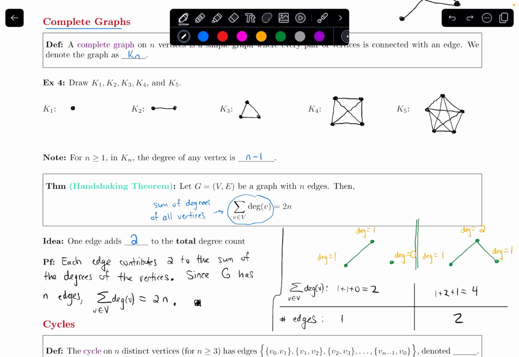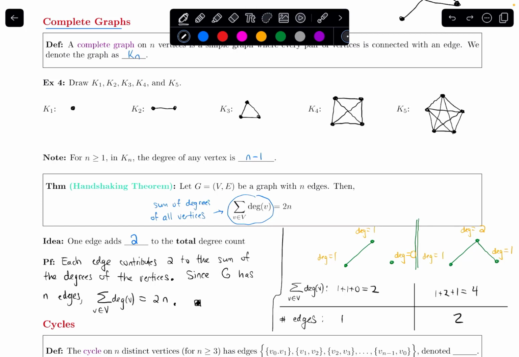So in this context, what the sum of the degrees is doing is counting how many times each person shook hands. This person shook hands 1 time. That person shook hands 2 times. This person shook hands 1 time. So the total number of times people shook hands, all added together, was 4. And each edge represents a handshake.